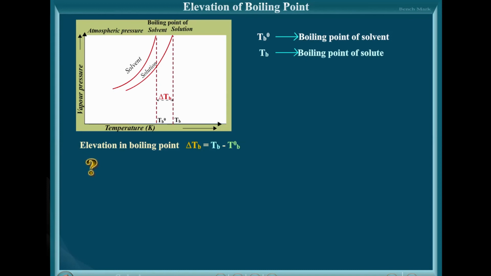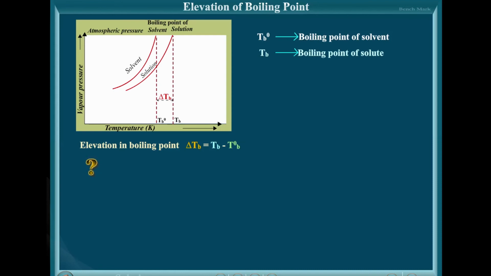So delta TB can be written as K into the molar mass of the solvent into molality, where K and the molar mass of the solvent are constant, and hence their product can be replaced by another constant called Kb.